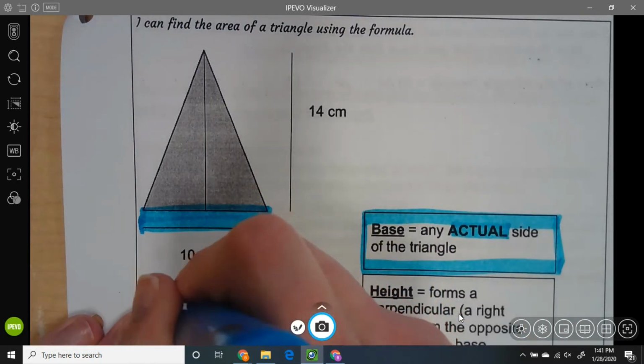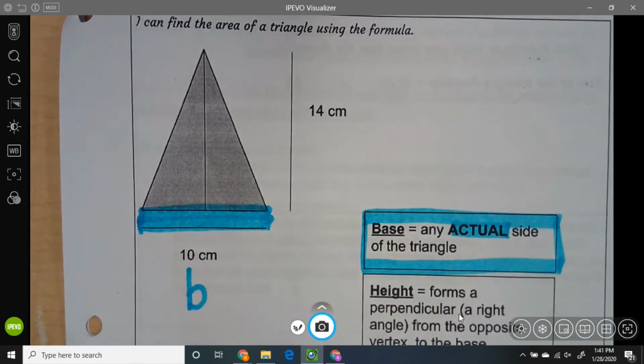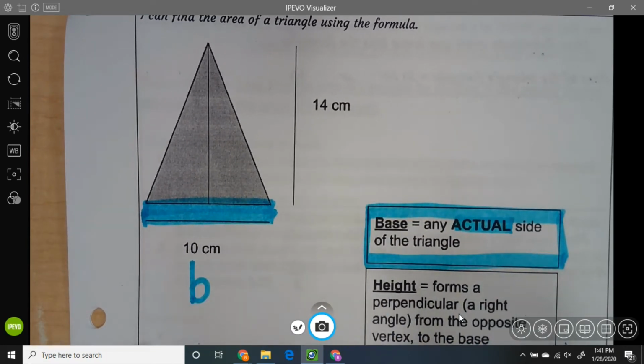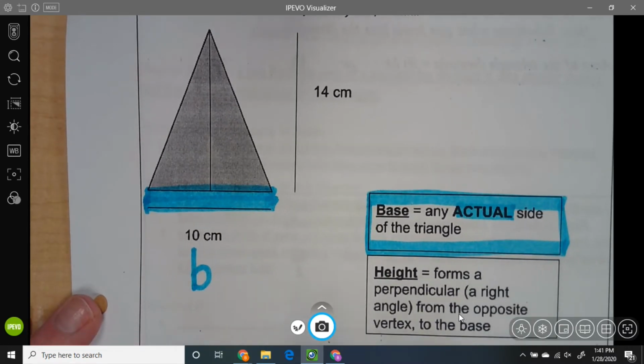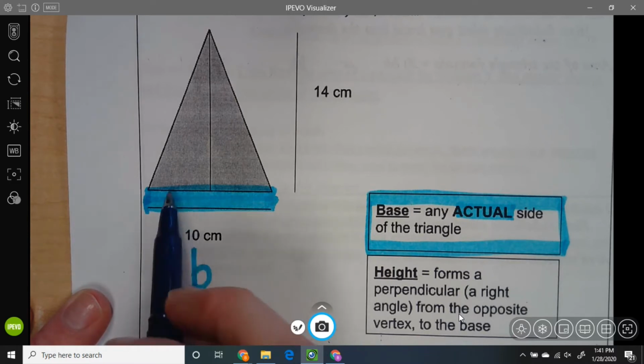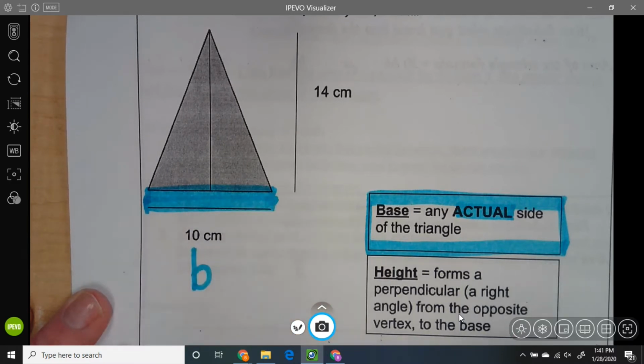So I would label this B for base. If you label it with a capital B, it will get counted off. We will be using a capital B later, which you will find out what that means. It's the area of the total base of a figure when we start figuring out volume. But for now, you need to use a lowercase b for the edge length of a base.